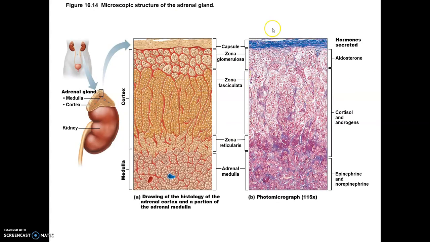So see here: zona glomerulosa, zona fasciculata, zona reticularis, and then here is the adrenal medulla. Adrenal medulla produces epinephrine and norepinephrine. Here is the adrenal gland sitting on top of the kidney, central region medulla, outer region cortex.